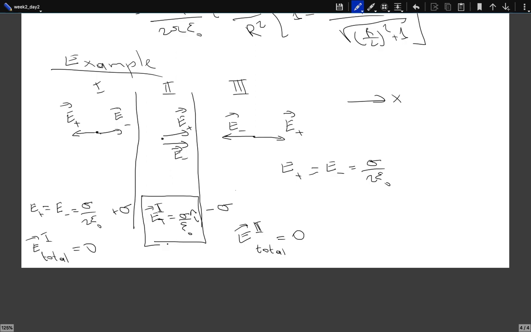So essentially, if you have two infinite parallel plates, the electric field is 0 almost everywhere, except in the region in between. And in between, you have an electric field which is constant throughout this volume. It's the same whether you are at this point, at this point, or at that point.